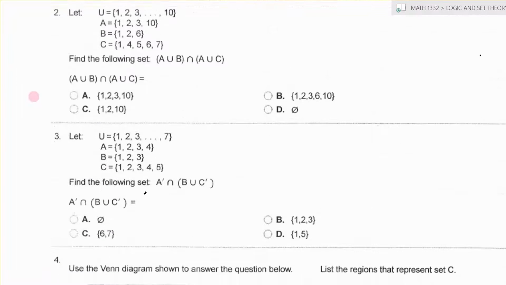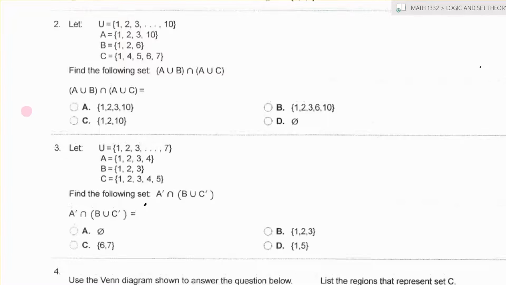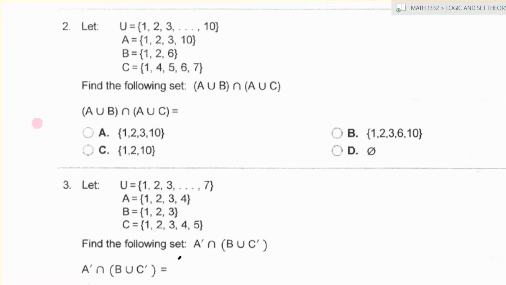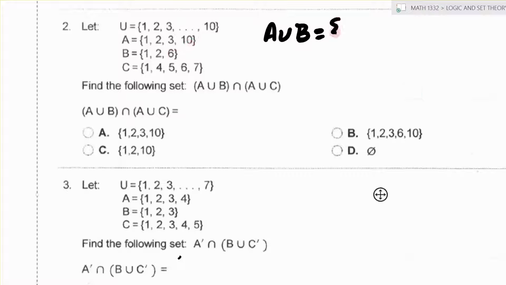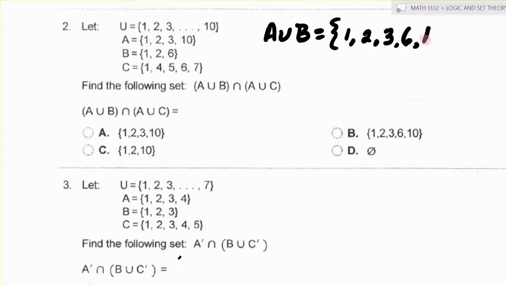All right, let's look at number 2. I'm supposed to find A union B intersect A union C. So I need to find each one of those. A union B is combining A and B. So I need a 1, a 2, a 3, a 6, and a 10.